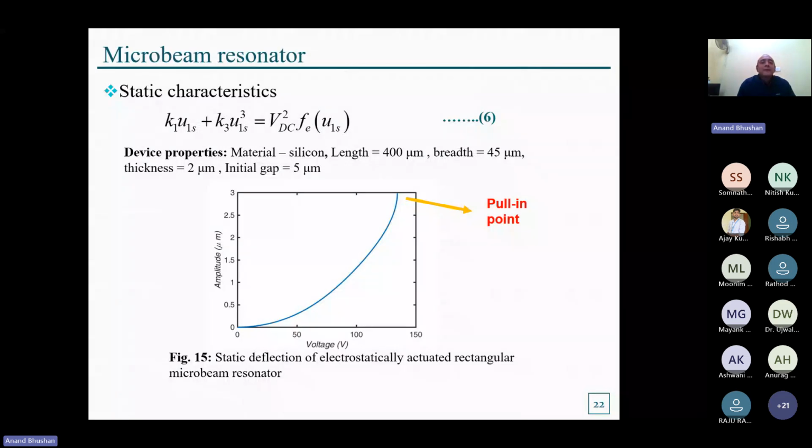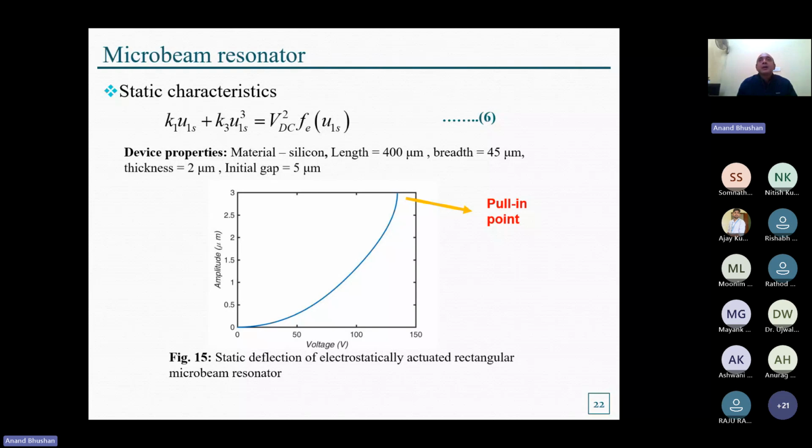But one thing we can note here is the difference from the parallel plate actuator. In the parallel plate actuator, the travel range is just 1/3 of the gap. But here we can see the travel range of the microbeam resonator is 3 micrometers, about 60% of the initial gap, that is 5 micrometers.